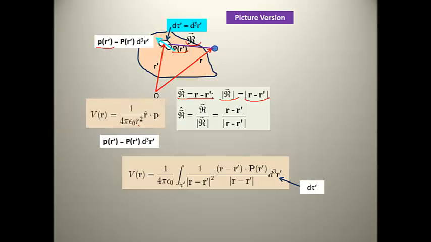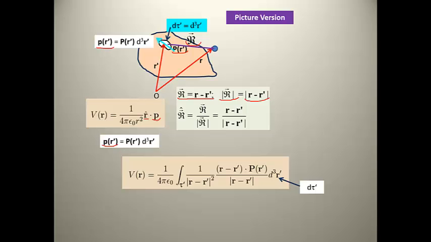So if we take our expression for the potential and identify the r hat and the little vector p, then we can write, as we did before, that the dipole is equal to capital P d3 r prime.